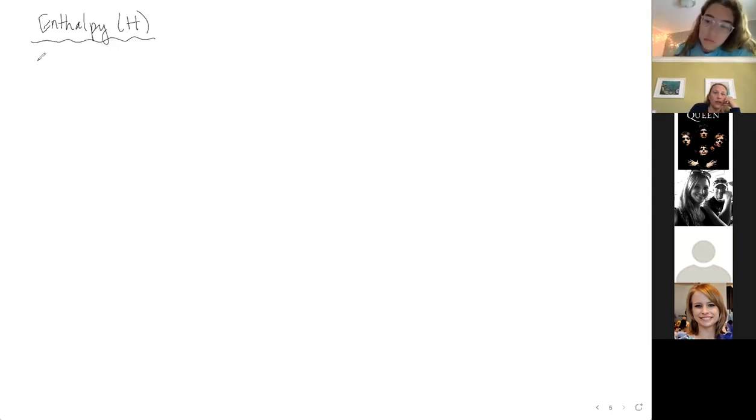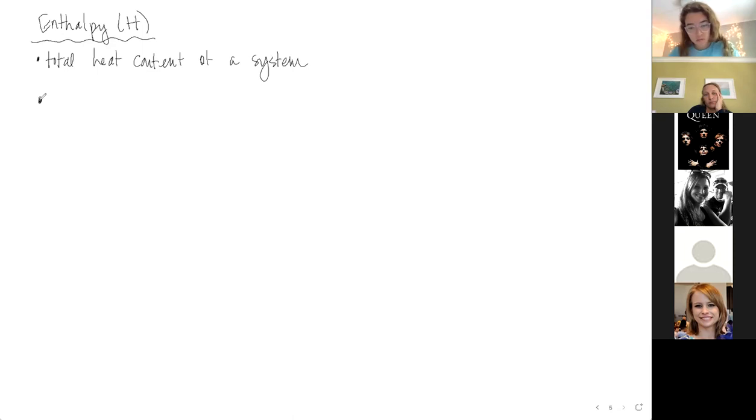We should all know that enthalpy is a representation of the total heat content of a system. What equation relates enthalpy to internal energy?